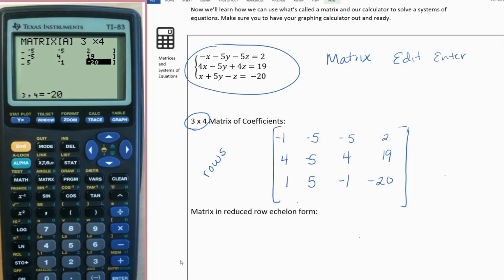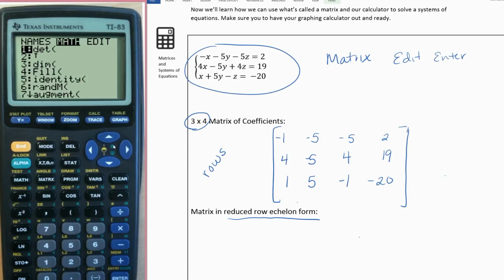Okay. Now, what we need to do is put this in what's called reduced row echelon form. That's going to give us our answer. To do that, we're going to hit second quit and go back to the home screen. We're going to hit matrix, go over to math, and then go down and look for the one that says RREF.